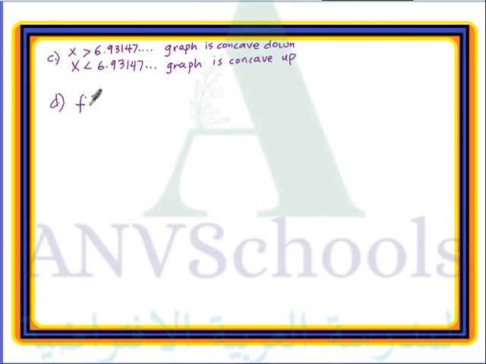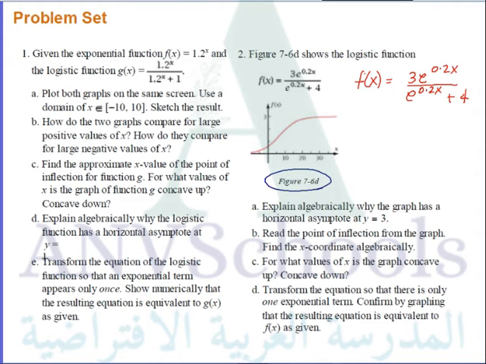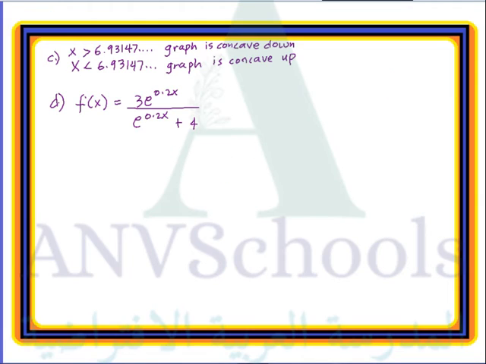So our f of x is 3e raised to 0.2x over e raised to 0.2x plus 4. Now let me check it. Yes, okay, we have the correct function.